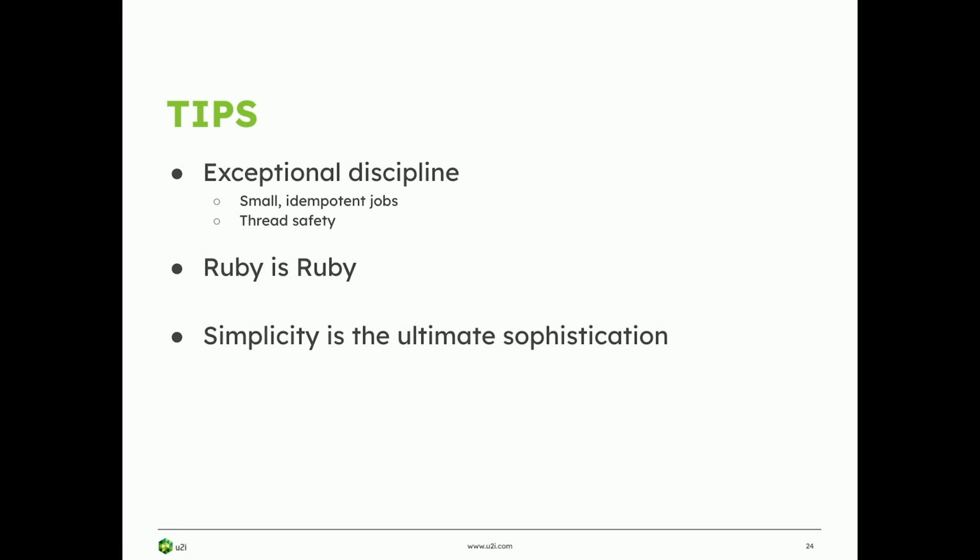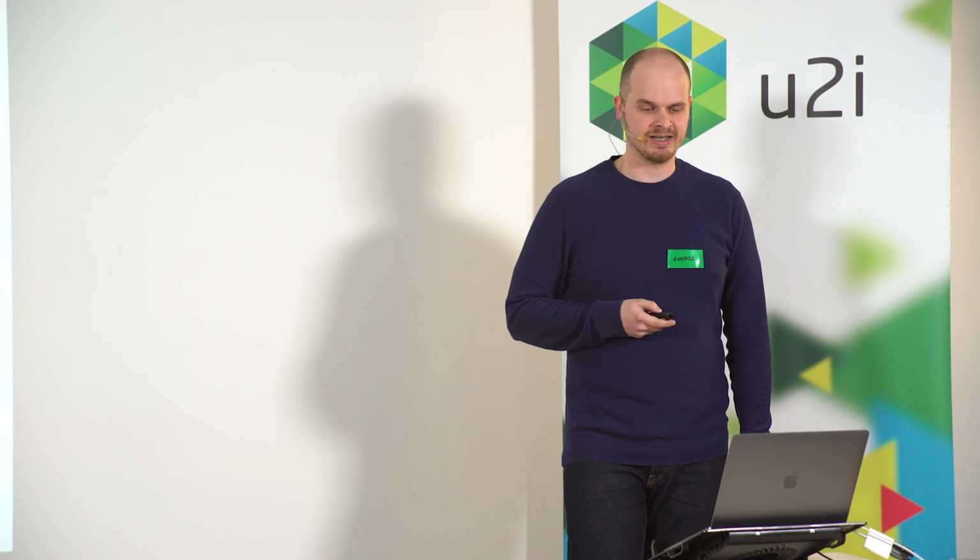So first thing is that if you want Sidekiq to work properly, you as a developer need to cooperate. There's no such thing as a free lunch. In this case, what you need to pay with is what I think of as exceptional development discipline when it comes to writing your Sidekiq jobs.